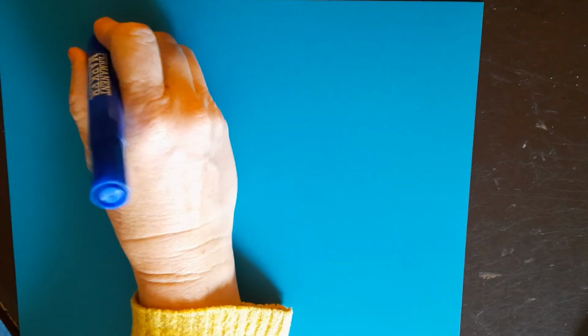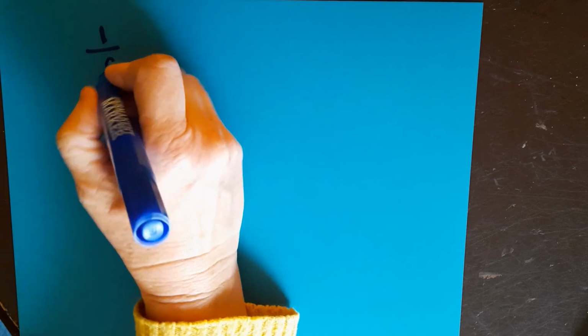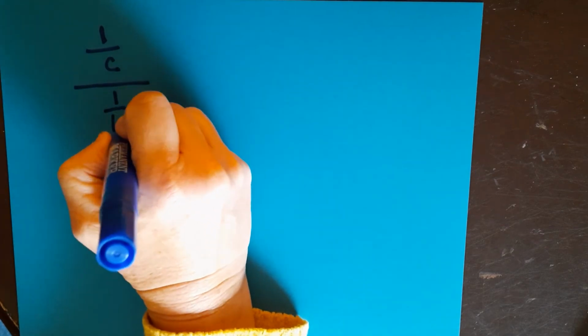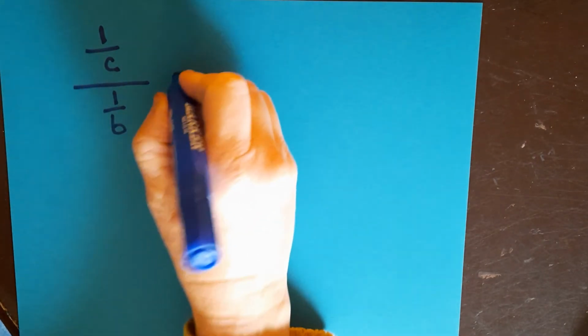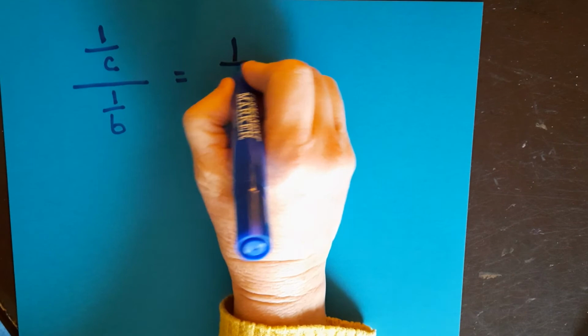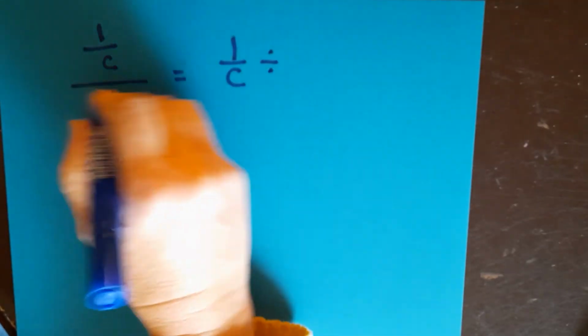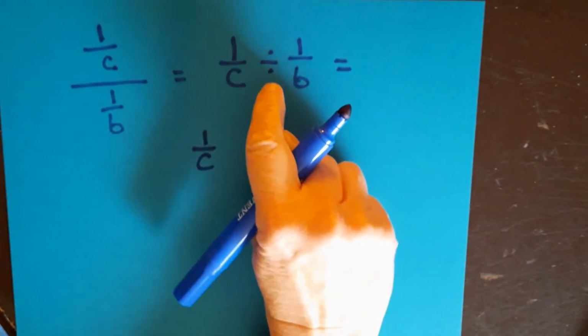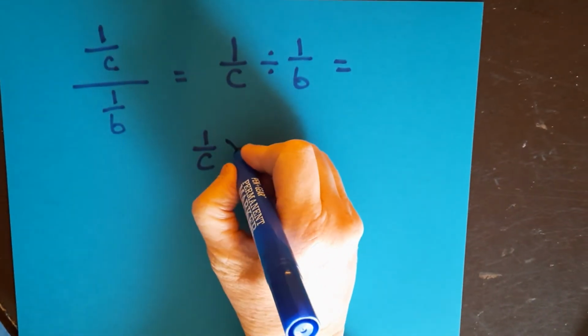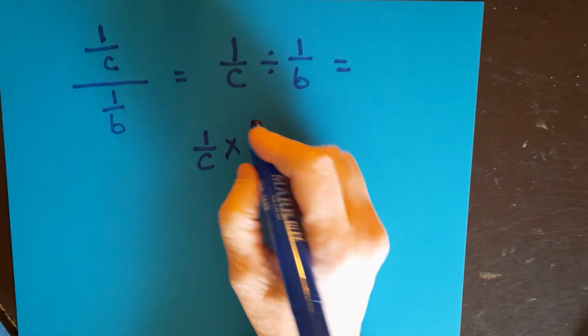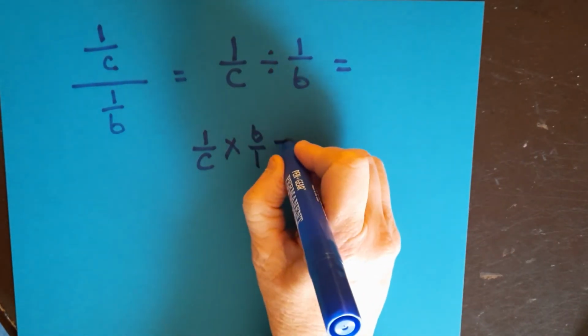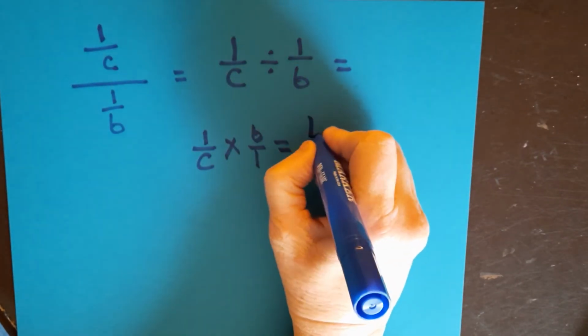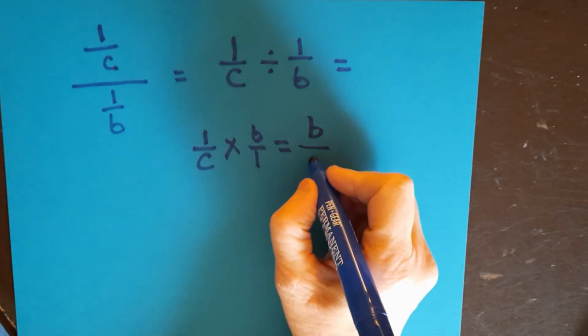So we're going to try another one of these complex fractions. We're going to try 1 over c all over 1 over b. These ones are pretty simple. Just remember, that means 1 over c divided by 1 over b, which is the same as multiplying by the reciprocal of 1 over b, which is b over 1. 1 times b is b, c times 1 is c.